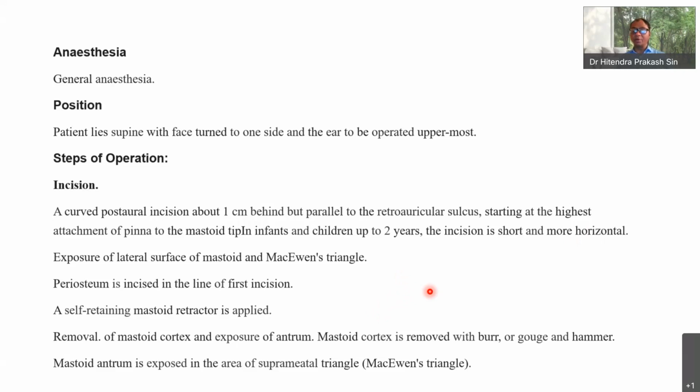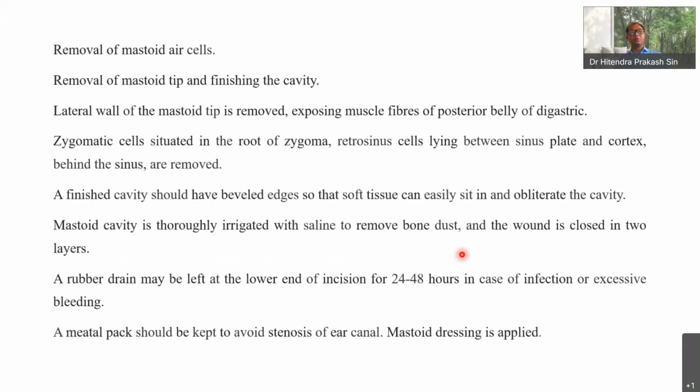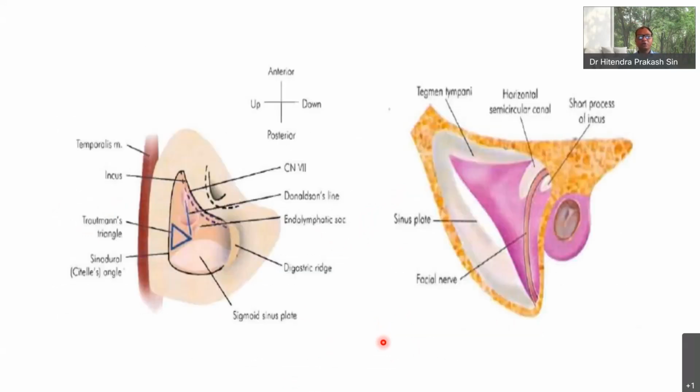Cortical bone is removed with a burr, gouge, or hammer, and the mastoid antrum is exposed in the area of the suprameatal triangle. We remove all of the mastoid air cells, remove the mastoid tip, and finish the cavity. Zygomatic cells are also removed. The finished cavity should have beveled edges so that the soft tissue can easily sit in and obliterate the cavity. Usually, a drain, if required, can be given at the lower end of the incision, and a pack and dressing will be applied.